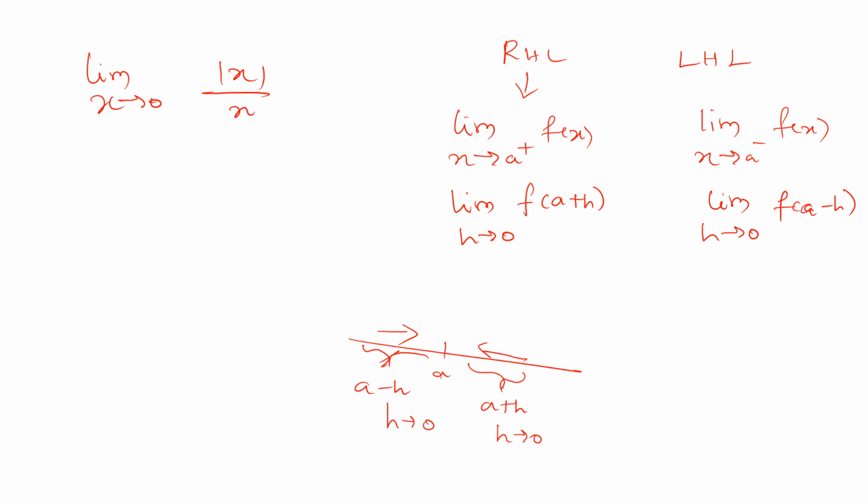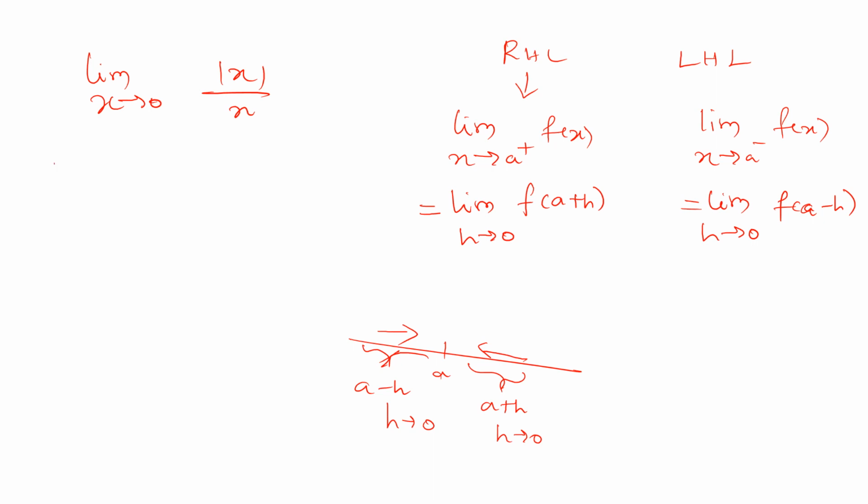Similarly, from the left side, A minus h to A, h approaches 0. So RHL is equal to limit h tends to 0 of f of A plus h, and LHL is limit h tends to 0 of f of A minus h. I'm going to use this definition for finding the limit of this function.